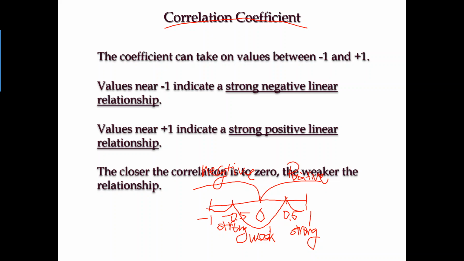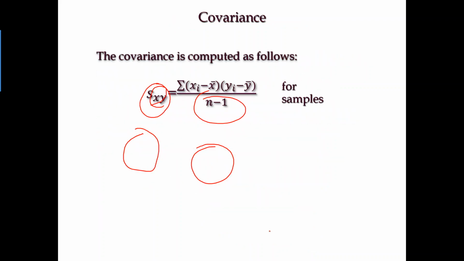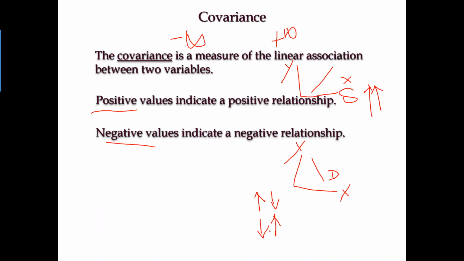Now, after you know how to interpret the covariance and correlation coefficient, I want to ask you why the correlation coefficient is more popularly used than the covariance. Of course, the answer is straightforward. If you are using the covariance, you can only tell the direction of the relationship, either positive or negative.